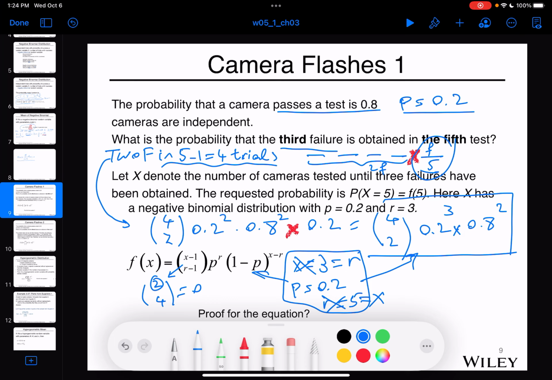I'm very happy that I made that mistake, because the other difference between binomial and negative binomial is that in binomial, X was number of successes, but in negative binomial, X is number of trials.